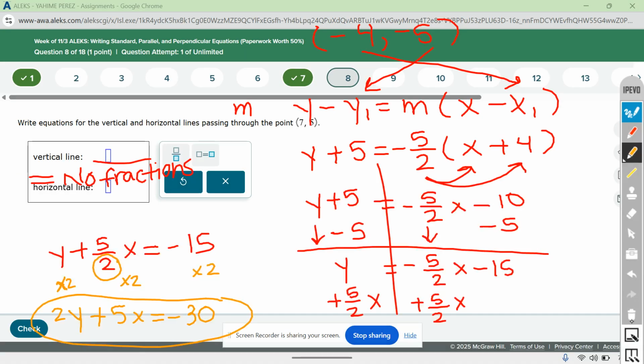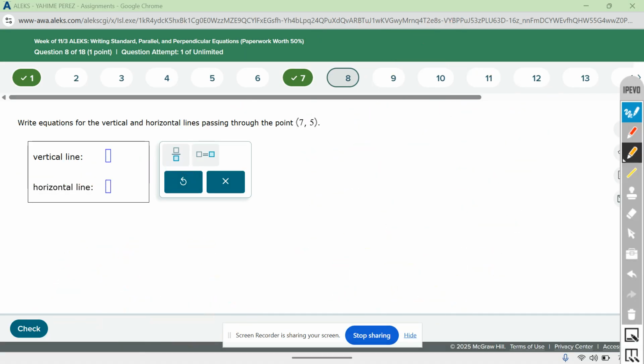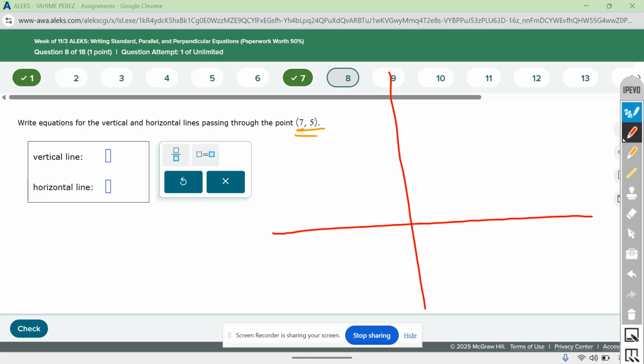Okay. Here we have a point, and we don't have to do this every time, but let's just do it for this one time, so we can visualize what we're talking about here. We have a point 7,5.